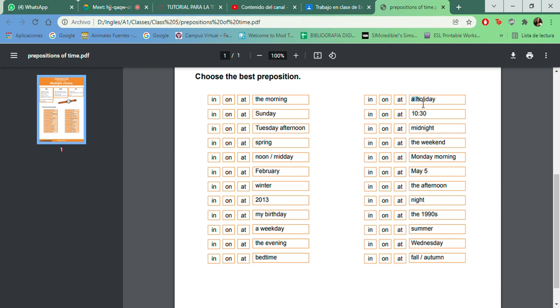At bedtime, ¿qué significaría at el bedtime? What does it mean? You can say what is bedtime, or what does it mean bedtime. It's the time that you go to sleep. The lunch time will be the time that you have lunch. Dinner time is the time that you have dinner. And bedtime is the time that you go to bed.